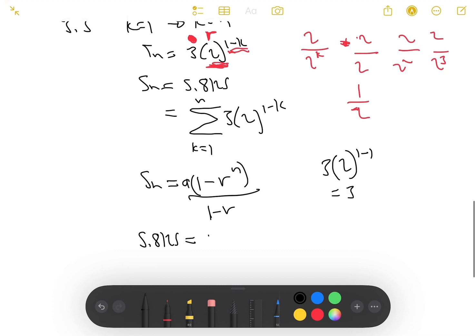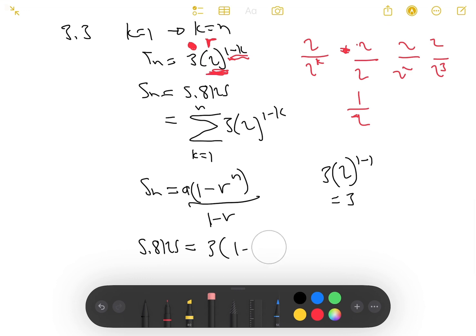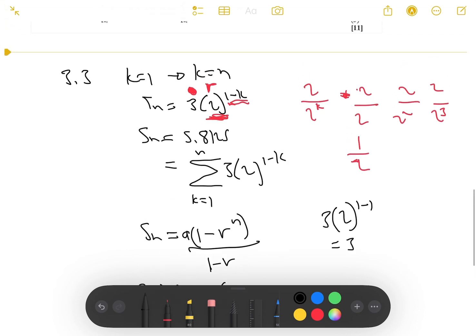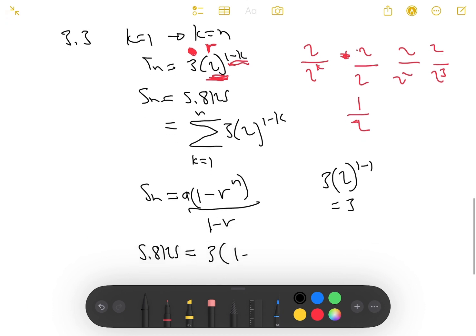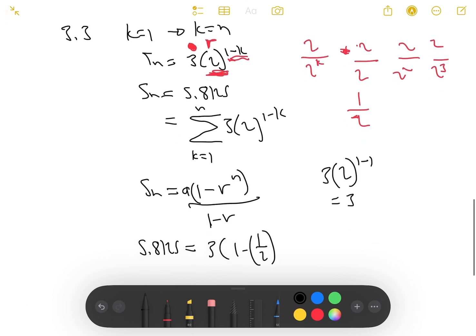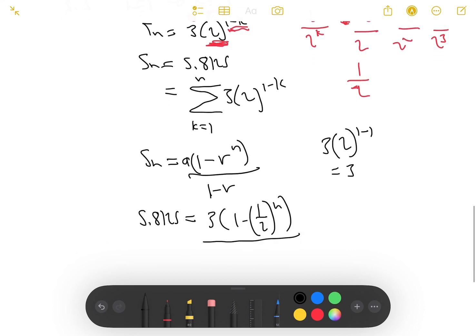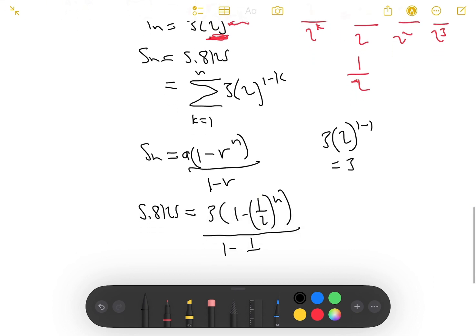And then here we have our 3 and then 1 minus r to the exponent n, and we know what our r is. Our r, as I said, is half, to the exponent n. And then here we say 1 minus half.